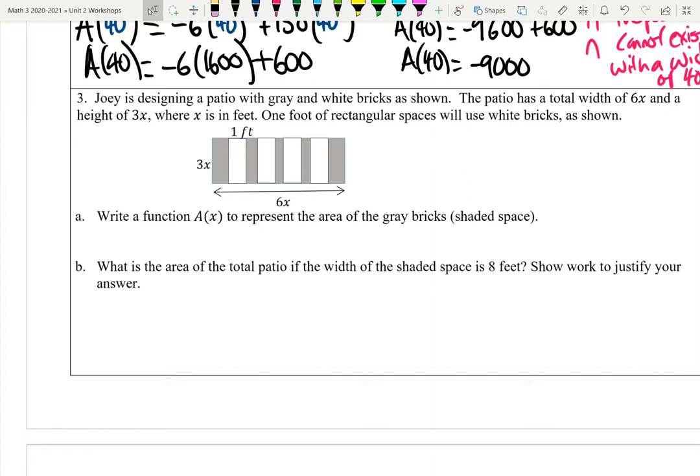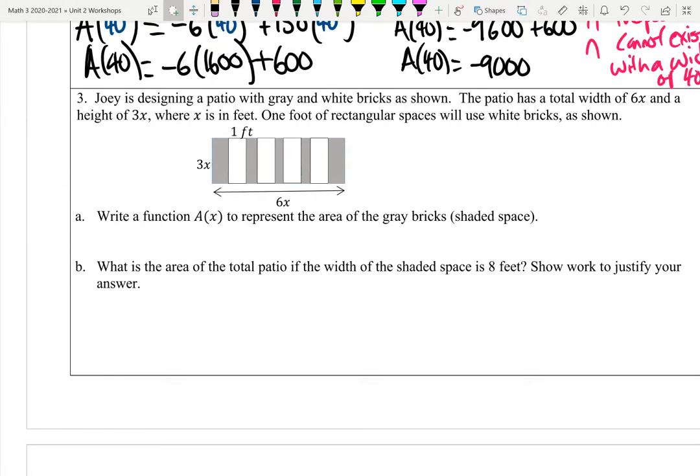As long as my shape looks like a patio, whether it's this big or if I change up the size, as x changes, it keeps the shape. So no matter what, the width will always be bigger than the height.